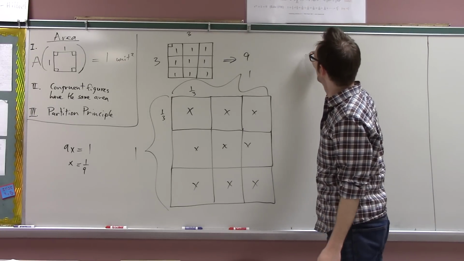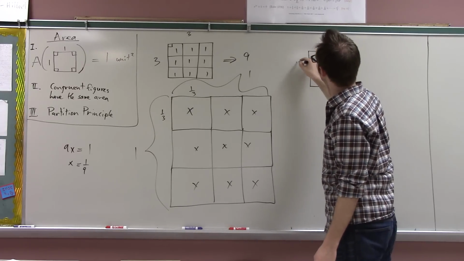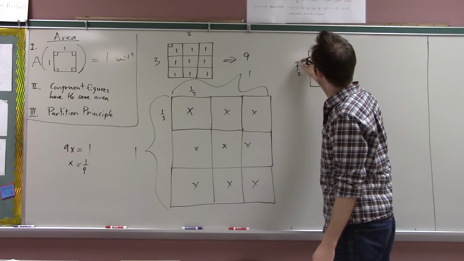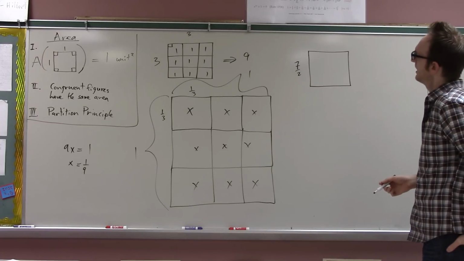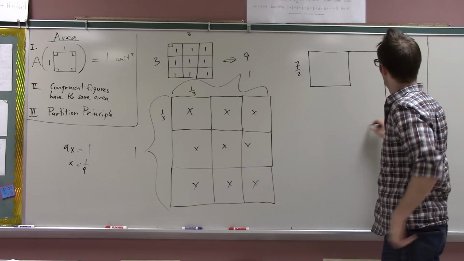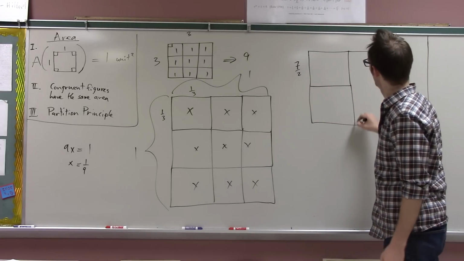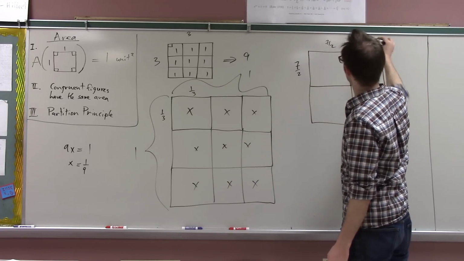Suppose you give me a square of side length 7/2, for example. Well, if this is 7/2, let's see, what do I do? I can just take this out now. Extend this. Well, that's 7/2. That's also 7/2.